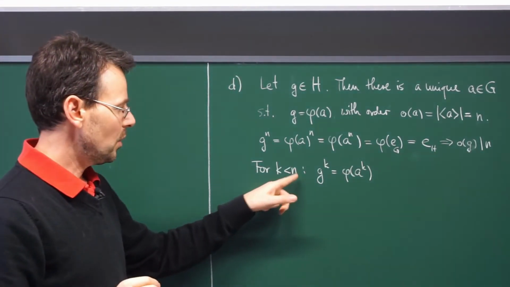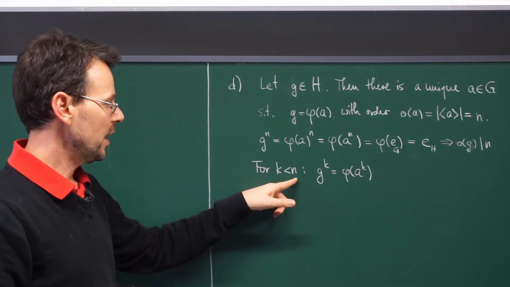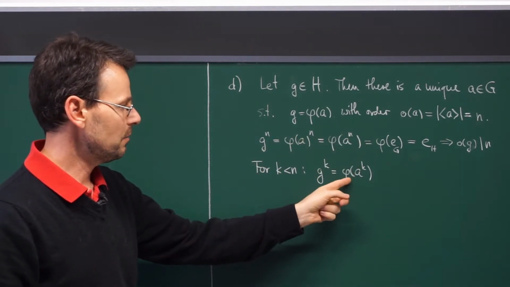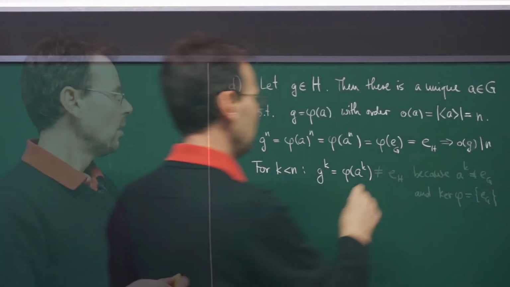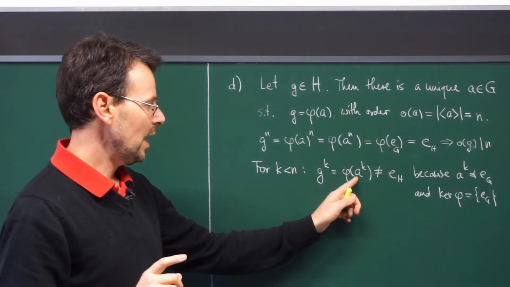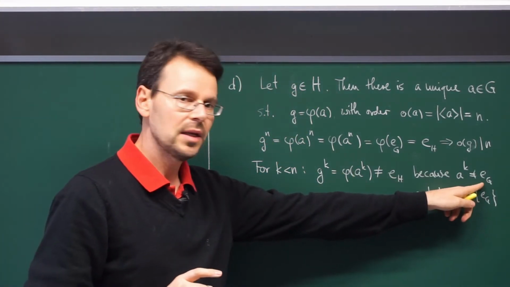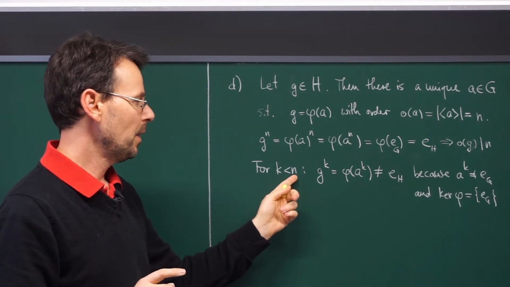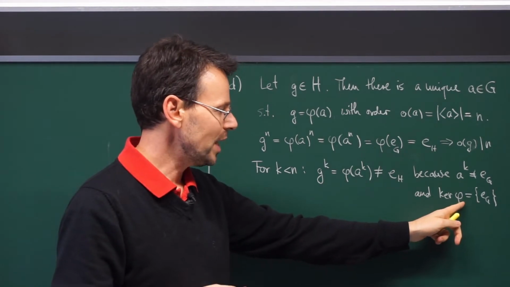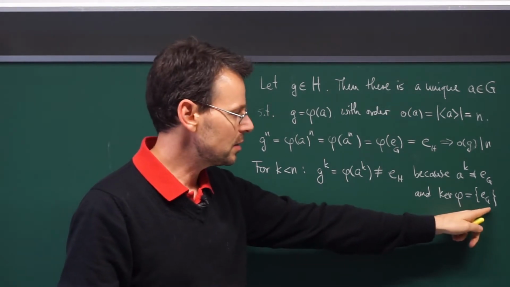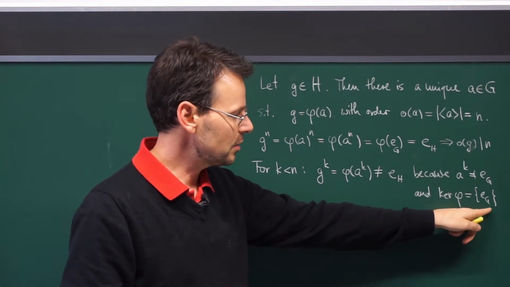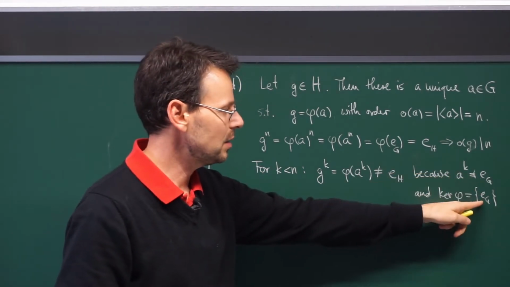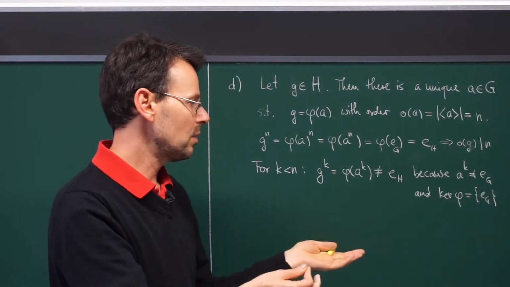So let's take a smaller natural number than n. Then we have G to the k is, by the same argument, phi applied to a to the k. And now we know that a to the k cannot be the identity because k is smaller than the order of a. And we know that phi is injective, meaning that its kernel is a singleton set consisting only of the identity. So if a to the k is not the identity, it cannot lie in the kernel of phi.